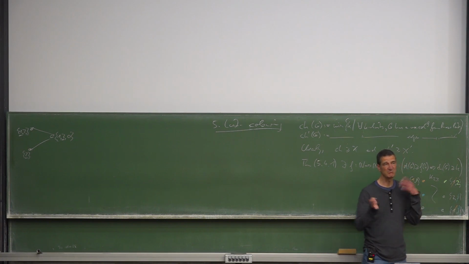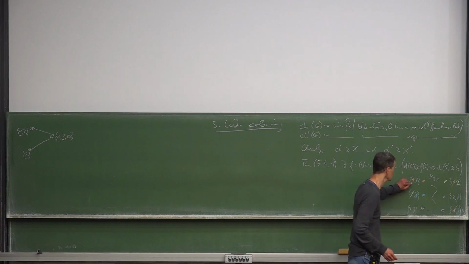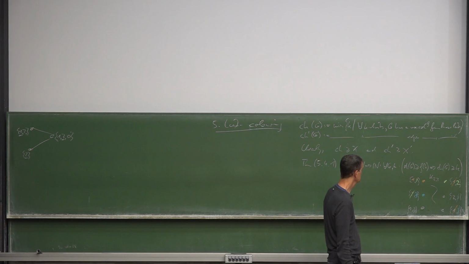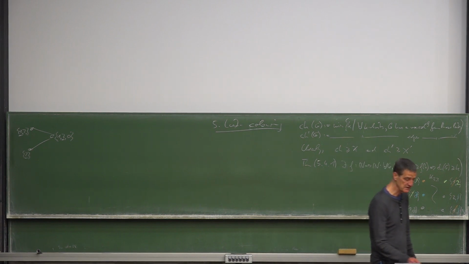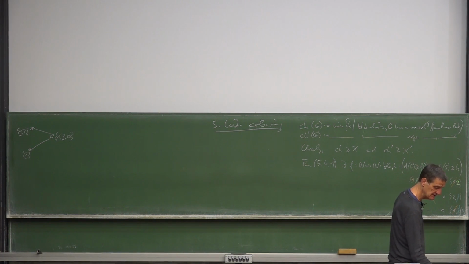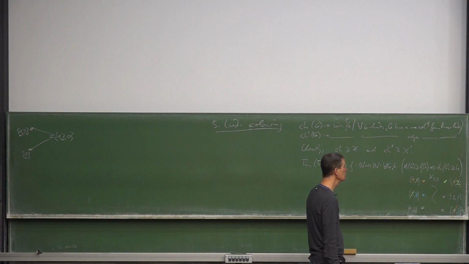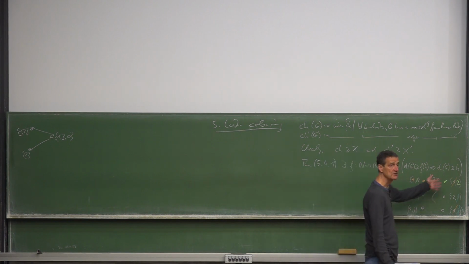So I didn't make any particular choices that were bad for us. I just made one initial choice, which by symmetry is not a restriction. And then everything else followed. Right, so K33 cannot be list colored from arbitrary lists of length 2, but of course it can be 2 colored.